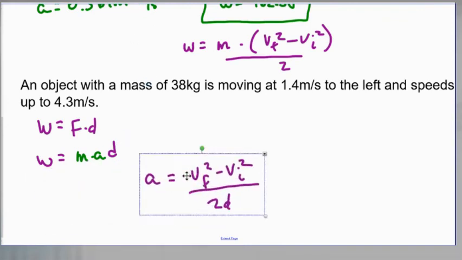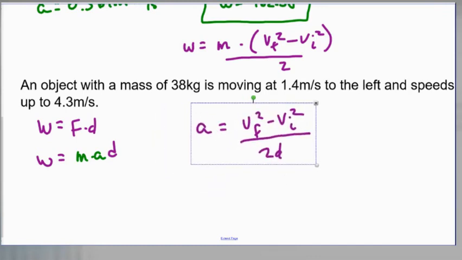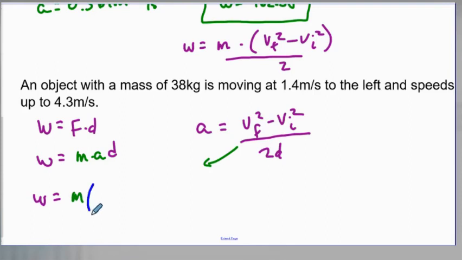I'm going to pop that into that equation. So if I take this and put it in that equation, I have that my work is, and I'll leave my mass in green here, and I'll put my acceleration, Vf squared minus Vi squared divided by 2d.